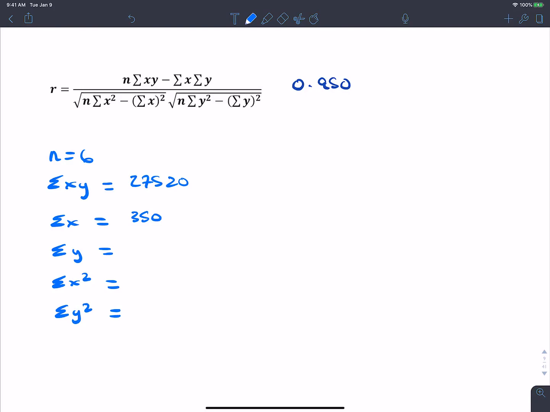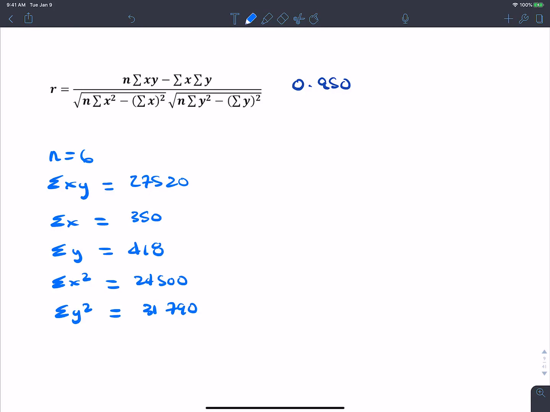What's sum y? 418. What's sum x squared? 24,500. Okay, what's sum y squared? 31,790. Yes. Anybody second these values? I second these values. Thank you so much.